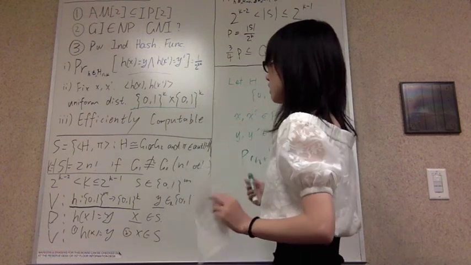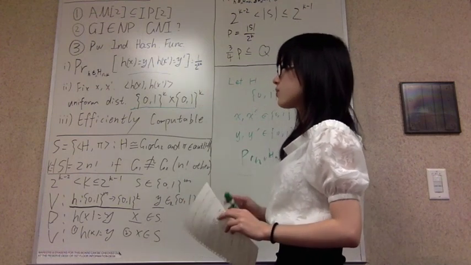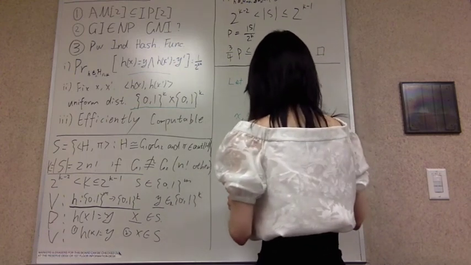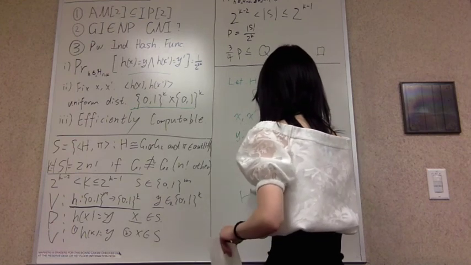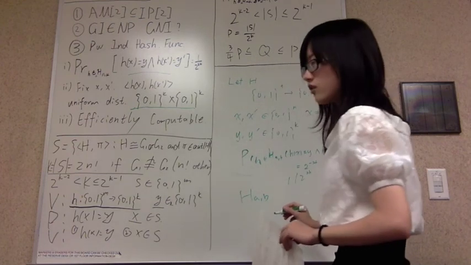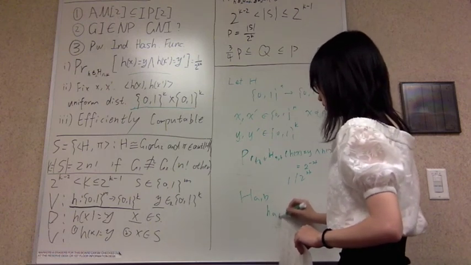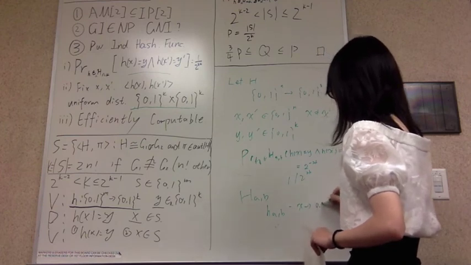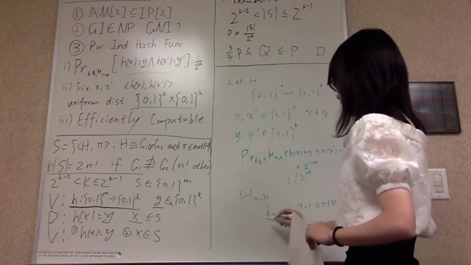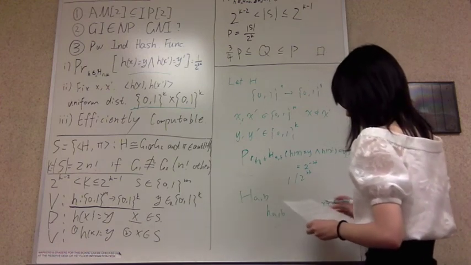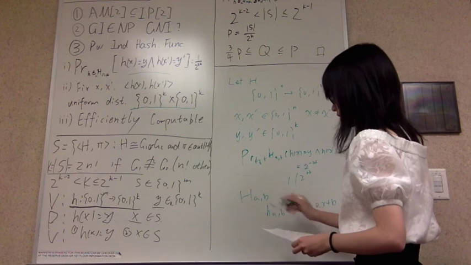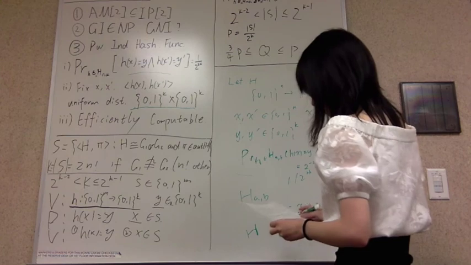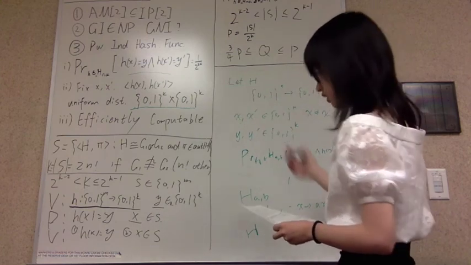There exist such functions that can be efficiently computed: we can define H_{a,b}, a set of functions that map x to ax plus b, and this big H can be efficiently computed and satisfies the following conditions.